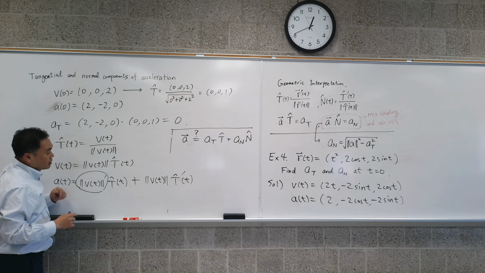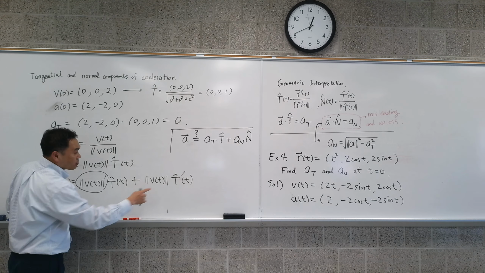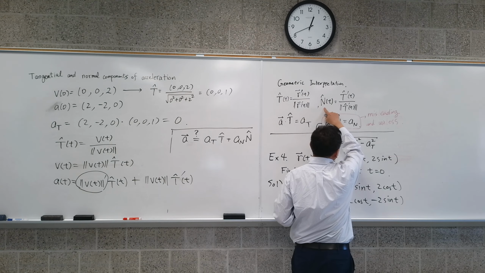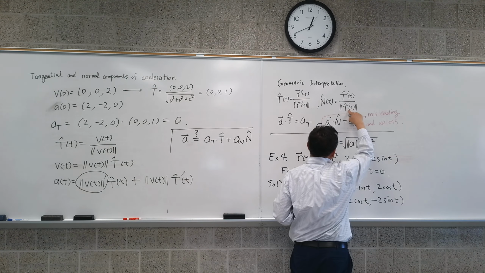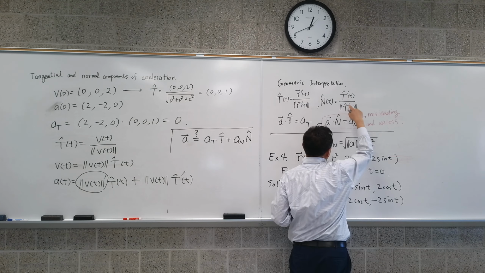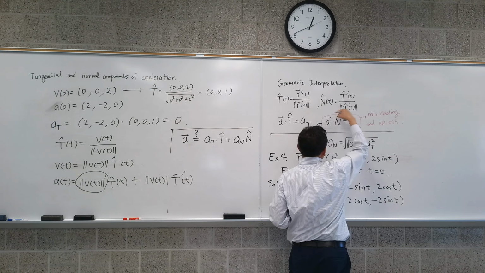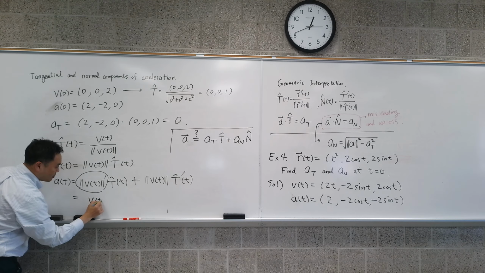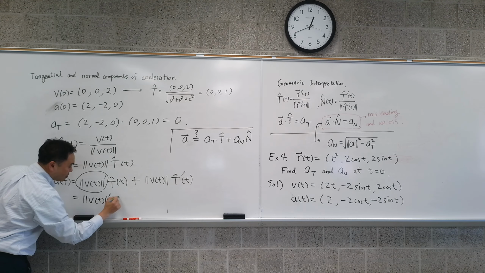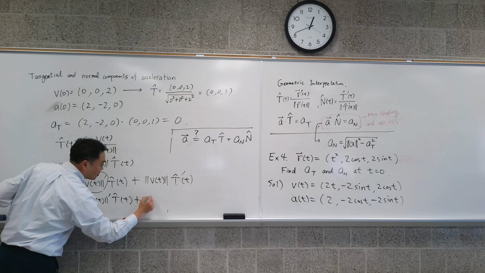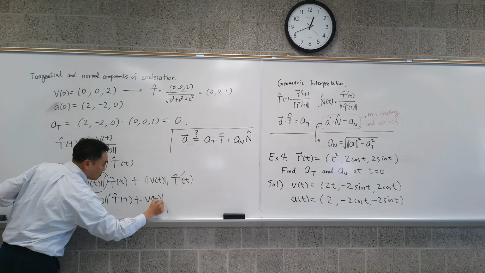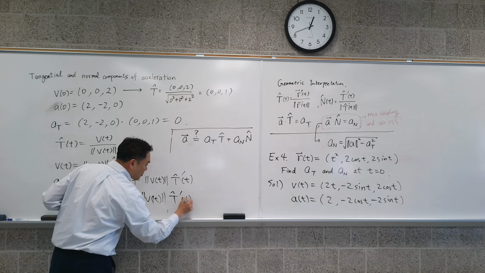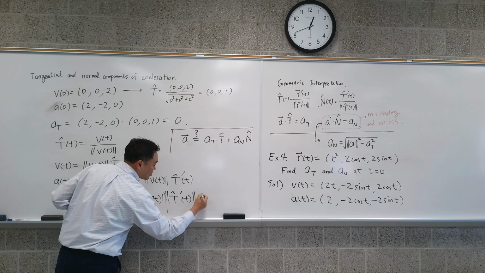Then over here, the definition of n of t is t prime of t divided by the norm of t prime of t. If I multiply this to the other side, I can rewrite that as the norm of t prime of t times n of t.